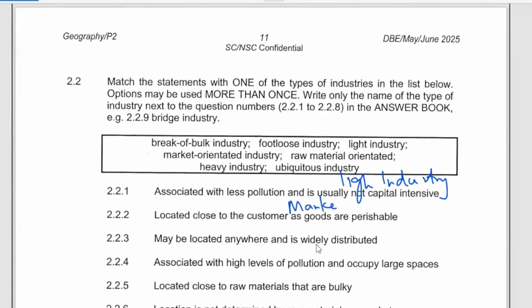This is market oriented. Then may be located anywhere and is widely distributed. This is ubiquitous.